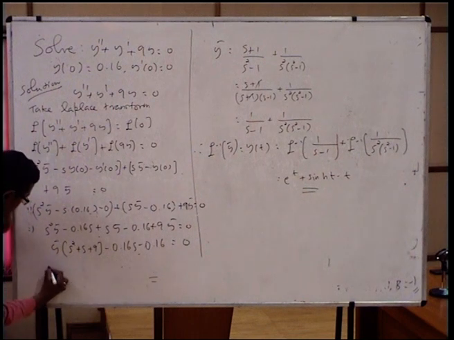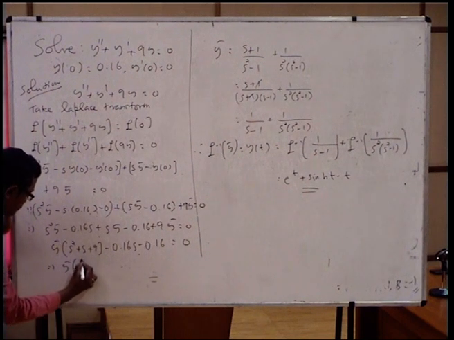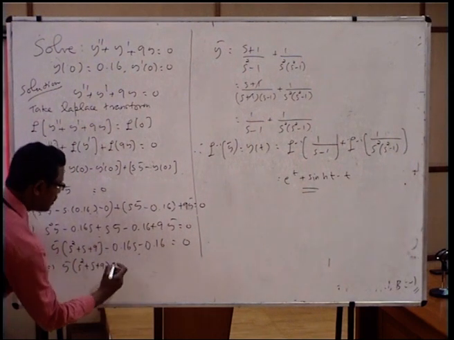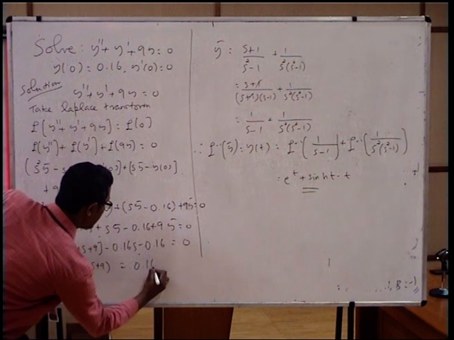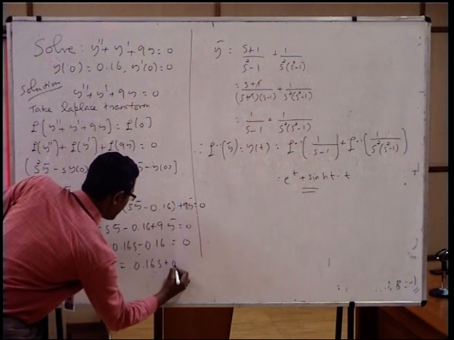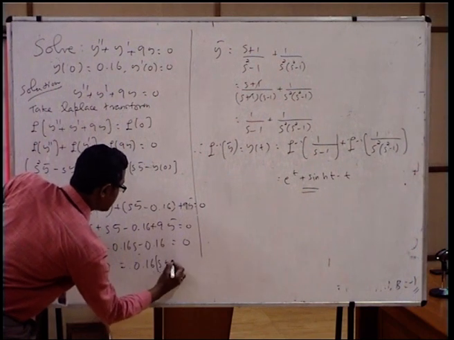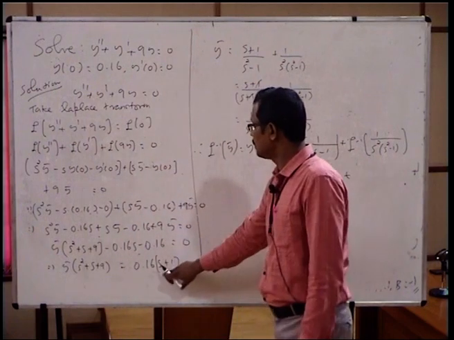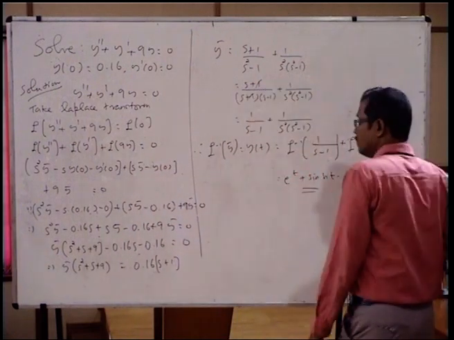Or this implies that y bar into s square plus s plus 9 equals 0.16 s plus 0.16. So I can write this as 0.16 into s plus 1.